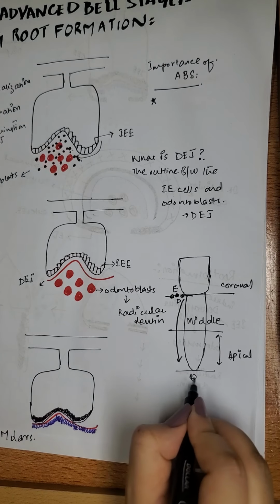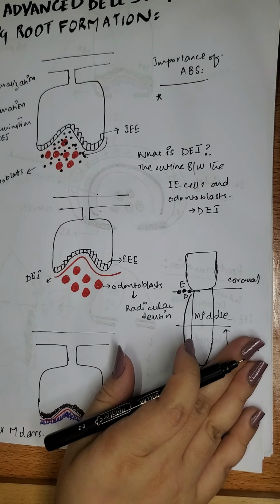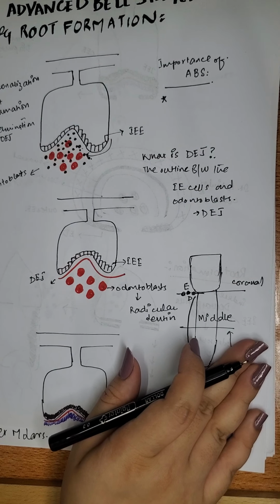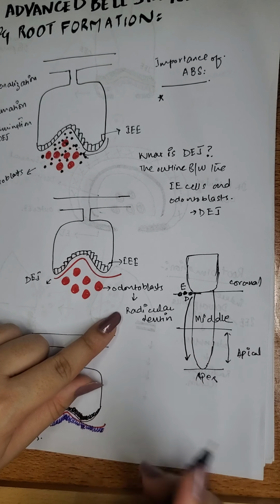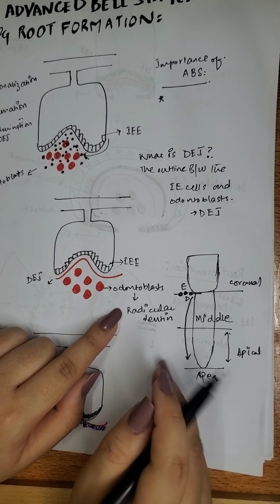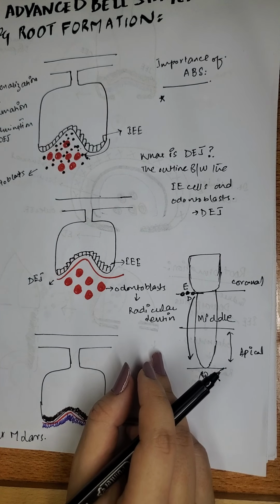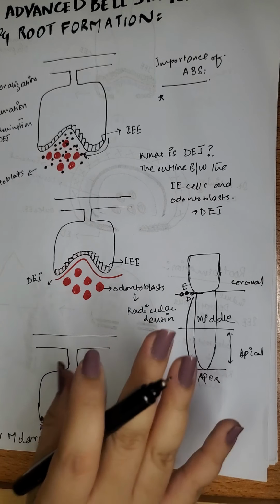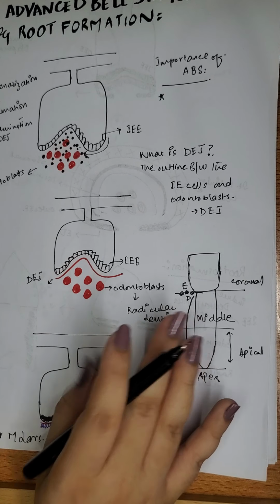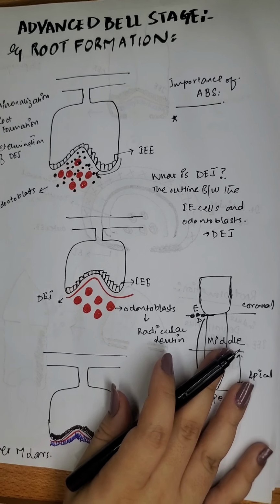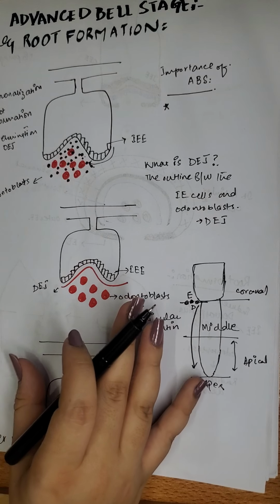This is the apex of the root. Alright, the only thing you are going to remember is that apically there will be the laying down of the dentine.